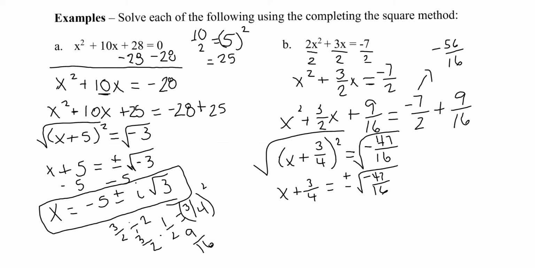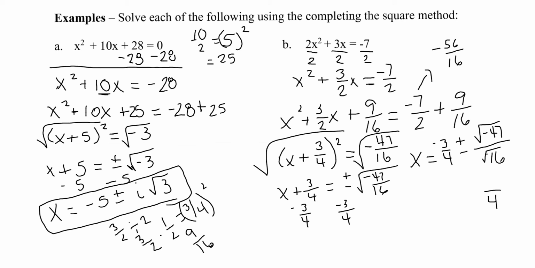And I'm going to subtract 3/4 from both sides. So I will get x is equal to negative 3/4, because I subtracted it, plus or minus the square root of negative 47 over the square root of 16. Since I have to rationalize, I'm going to separate it. Now, it's nice because the square root of 16 is 4, so that simplifies easily.